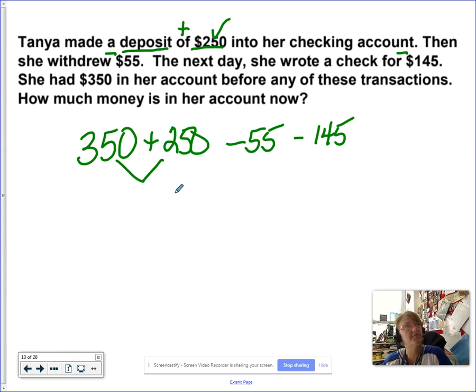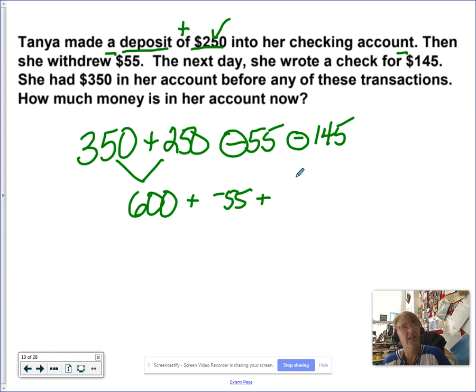Well, here's what I'm going to do. First thing, I'm going to add these two together, which gives me exactly 600, 350 plus 250. And then I need to say subtract 55. I'm going to write adding negative 55. Subtracting 145, add the opposite, negative 145.